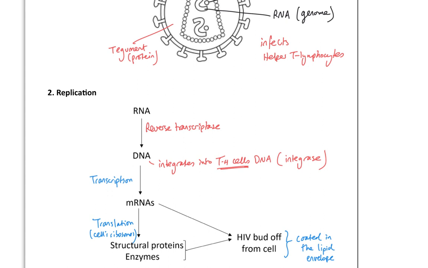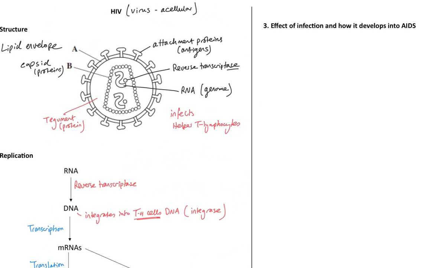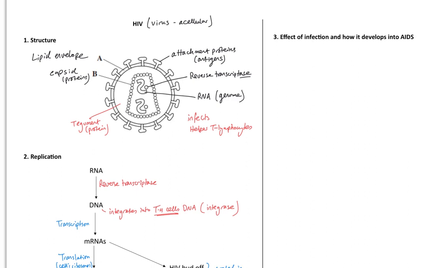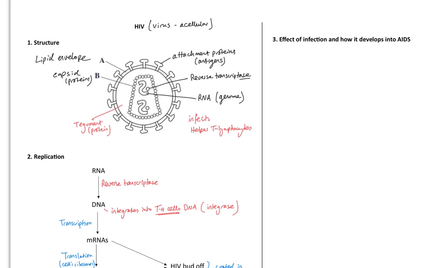They aren't attached, and therefore, because the HIV has a phospholipid bilayer and the cell membrane is a phospholipid bilayer, when you push them together, they will fuse together, and that's how HIV infects the cells. It binds to T helper cells because of its antigens, and it will then fuse with the cell because of the lipid envelope.